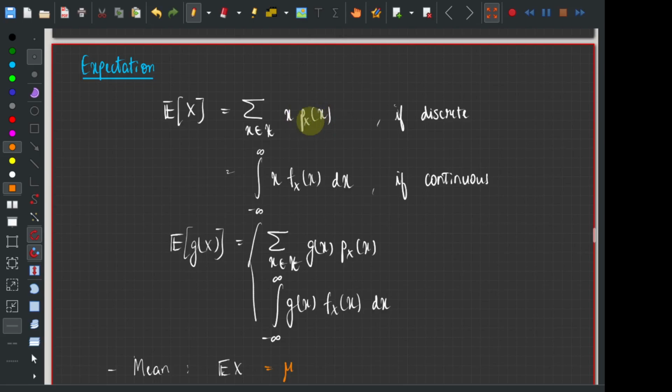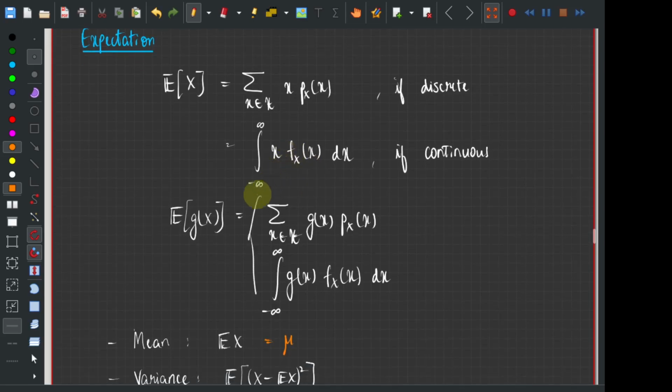The subscript denotes which random variable I'm working with, and it's p subscript x if it's a probability mass function, and f subscript x if it's a probability density function. You can also compute expectations of functions of the random variable, and they're defined accordingly.